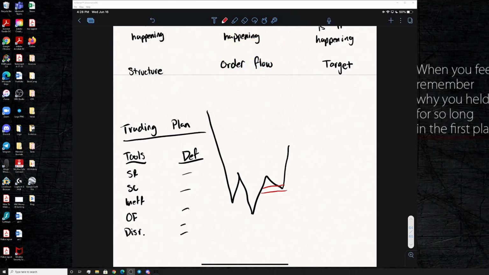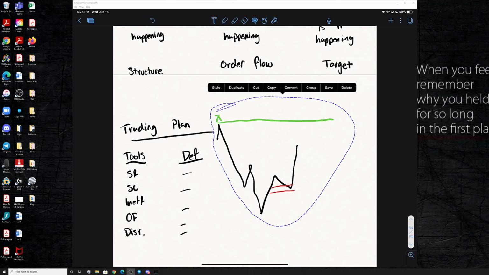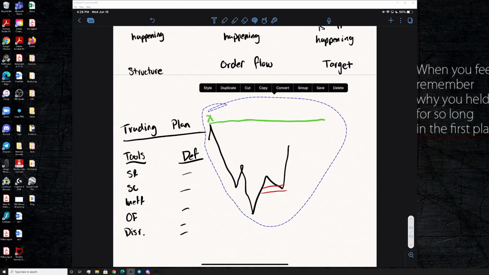Either there is a POI up here, or there could also be liquidity sitting up here, and that is what price is pursuing. So I now understand. Let me move this for you guys just so you can get a clearer understanding. Oops, one second.